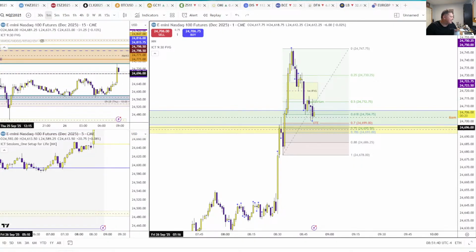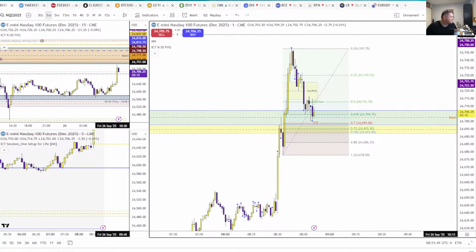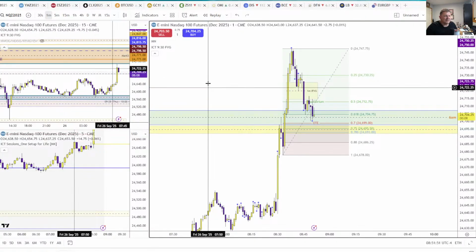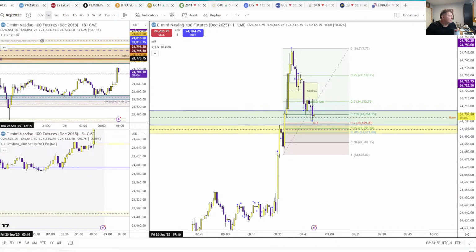Where's the bias today? If you look at the 4-hour chart, we've come back up into the order block. This is 1, 2, second stage distribution.